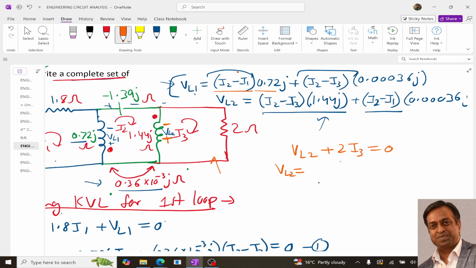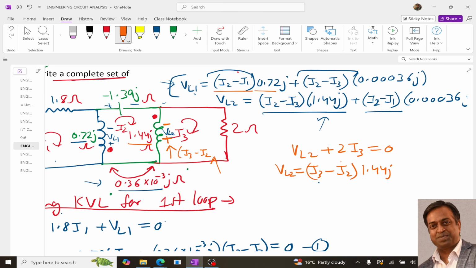If we follow this current, then plus will remain over here, so the current is I3 minus I2, so I3 minus I2 into 1.44 J. And then the mutual inductance: to keep positive over here means to keep negative on the dot side, so the current should leave this node.